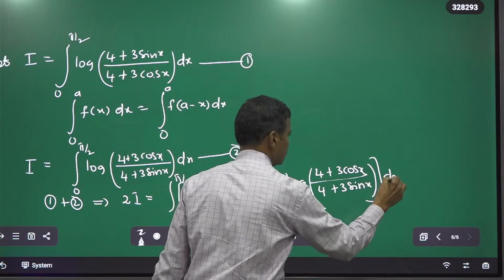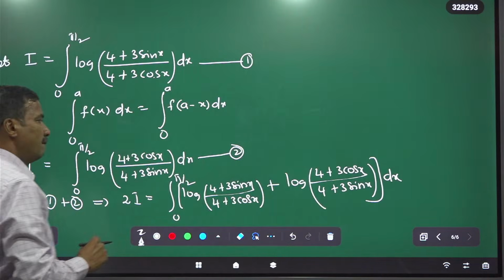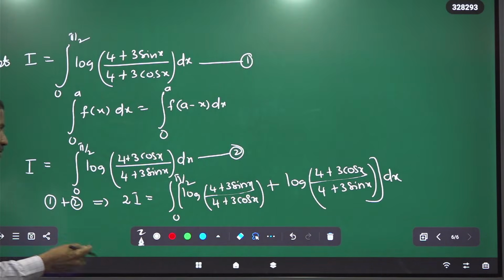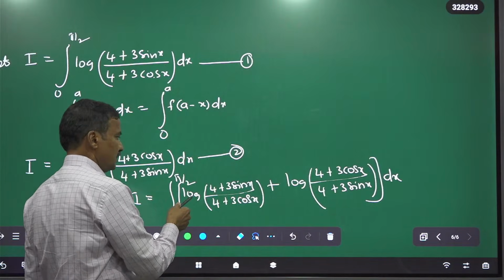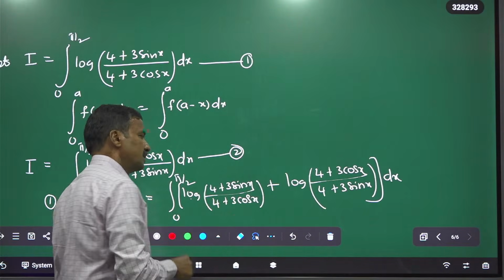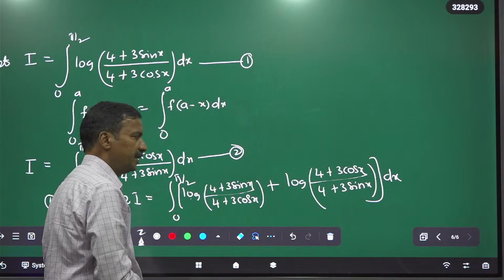Now log a plus log b is equal to log of a into b.